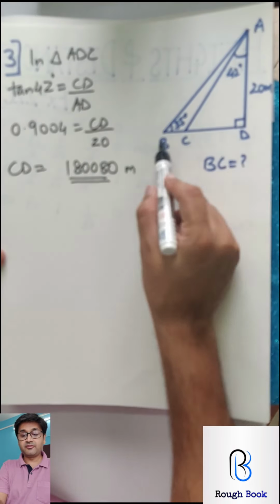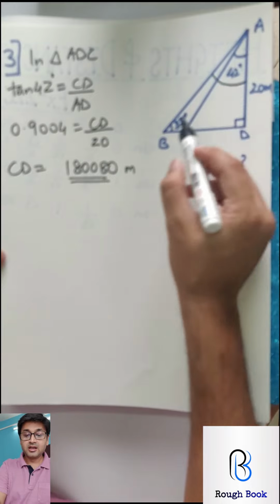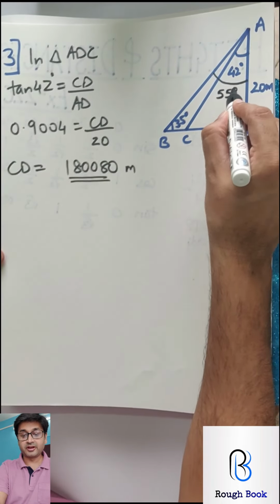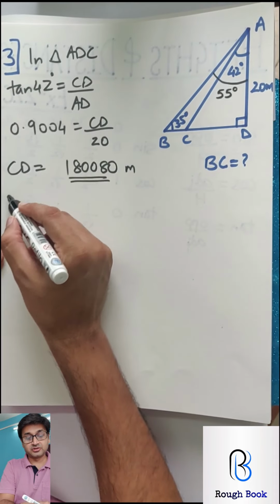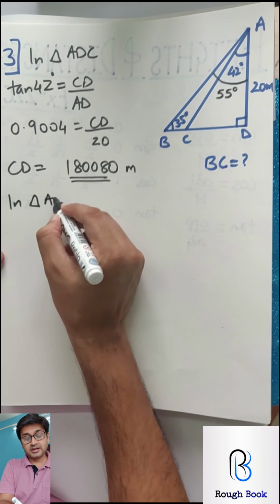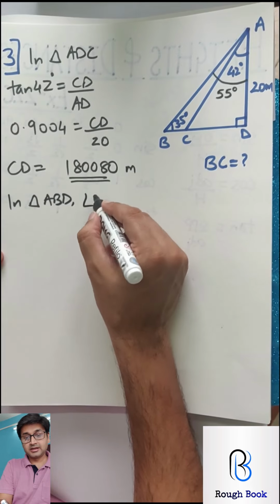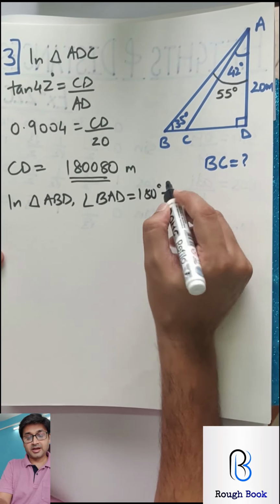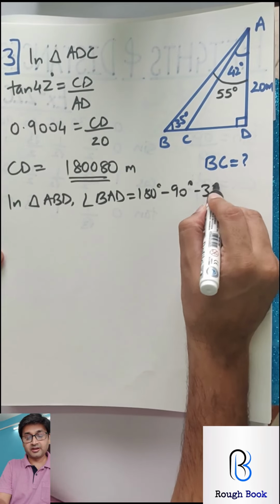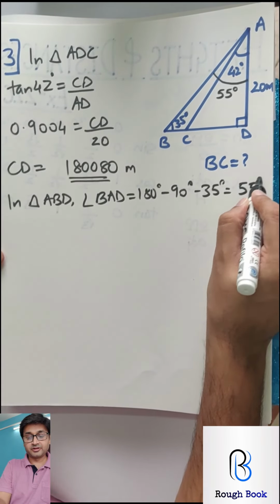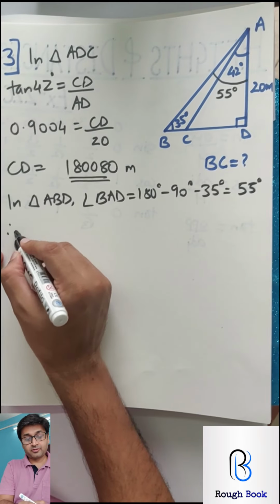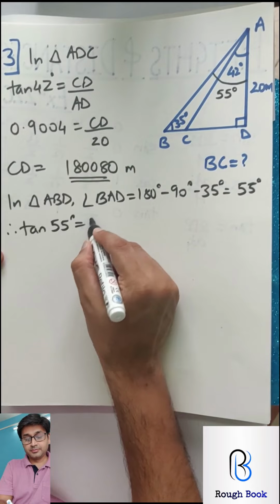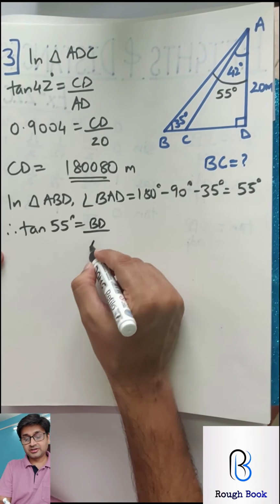Now let's get BD. For BD, I'll have to get this angle, because if I take 35, you're going to get stuck. So this is going to be 55, 90. First you say in triangle ABD, angle BAD will be 180 minus 90 minus 35, so that will give you 55. And therefore tan 55 will be opposite BD upon adjacent AD.